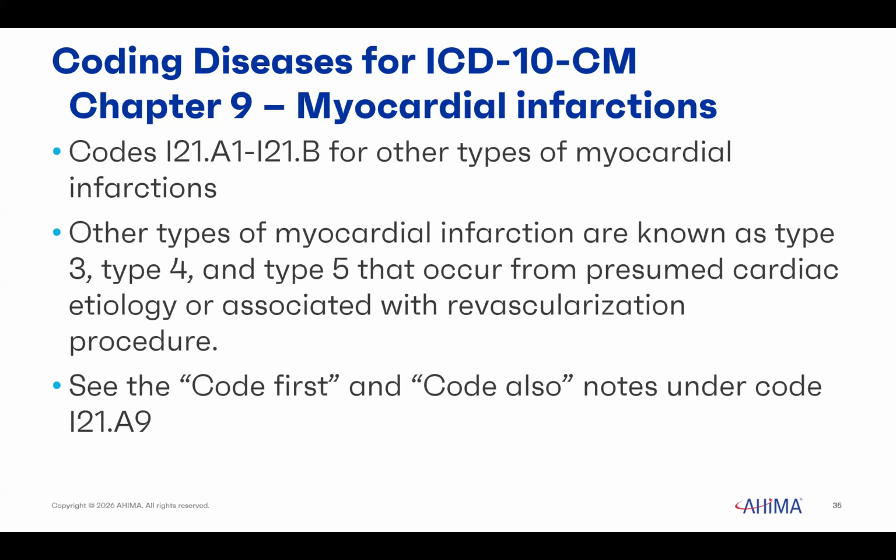These are the type 3, type 4, and type 5. And there's a section on Canvas where you can go and click on the links and learn more about exactly what those types of acute myocardial infarctions are. And I'd encourage you to read that. You'll also see in the tabular the code first and code also notes under code category I21.A9.